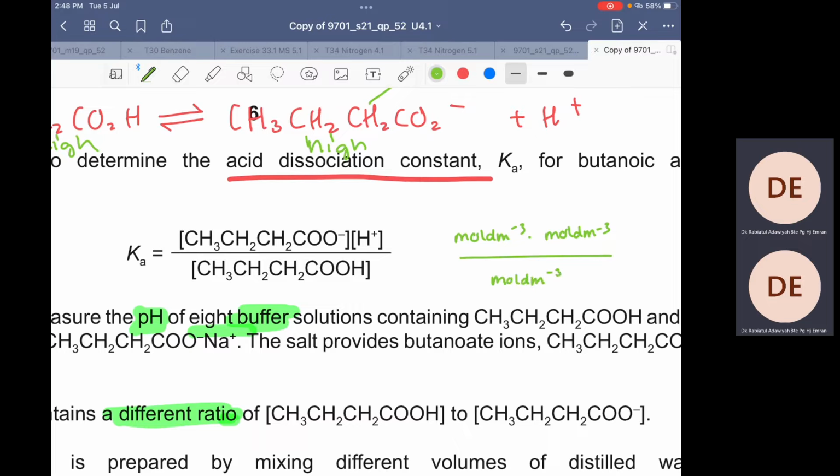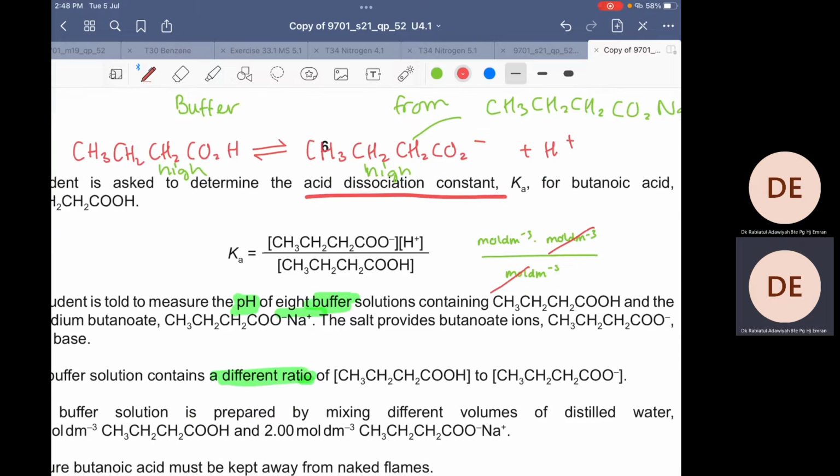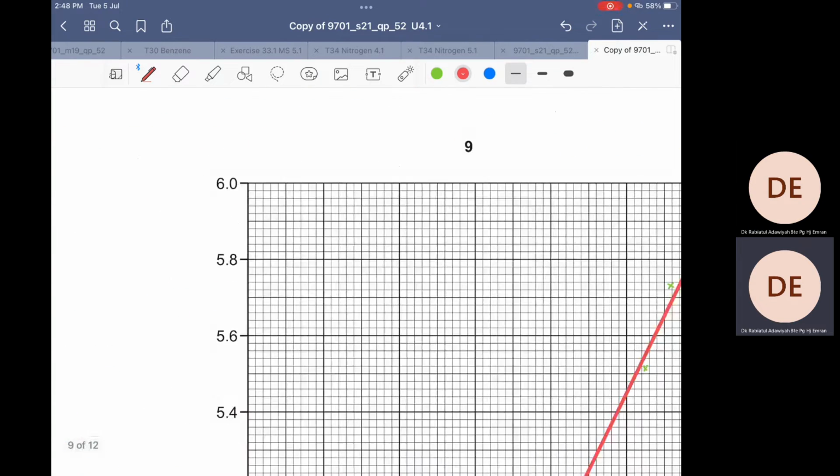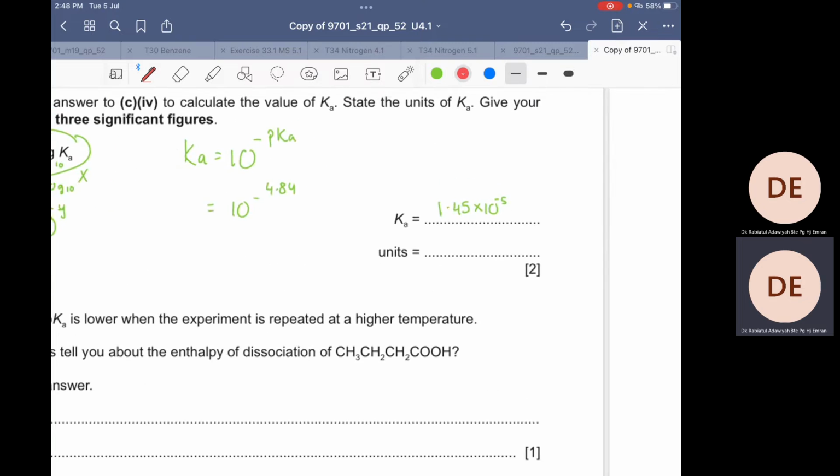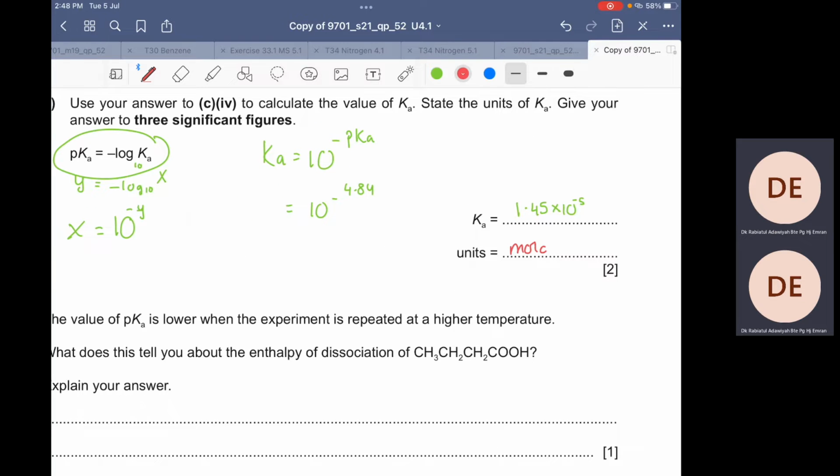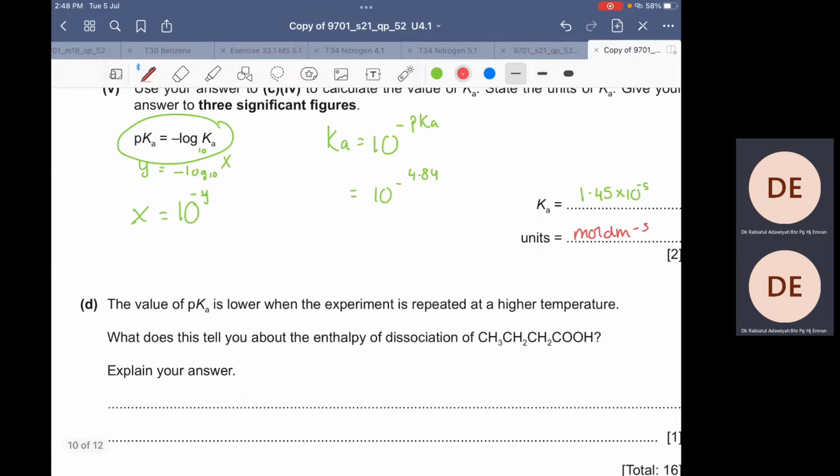So what's the unit here? Just mole per dm cube. Okay, that's how you find the units of Ka. Don't forget. So the units is mole per dm cube.